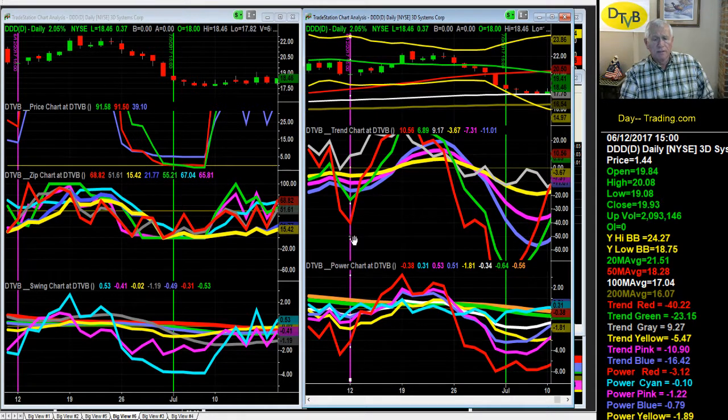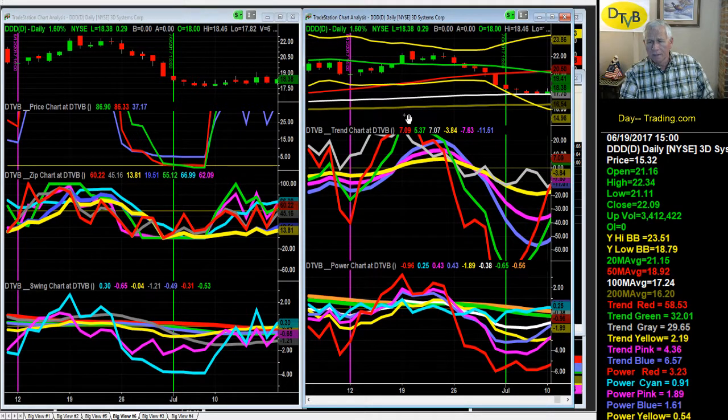And on the pink vertical line, over the next, looks like 5 or 6 days, we have a nice uptrend. Several dollars in value go up. On the pink vertical line day, the close was at 1993, and here on the peak, the close was at 2209. So it went up a couple dollars in that short period of time.